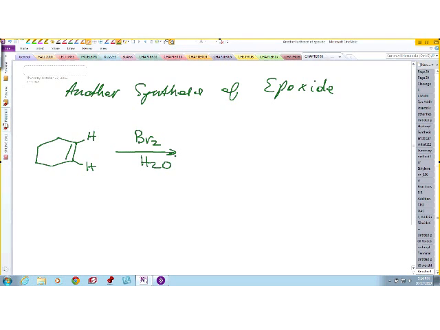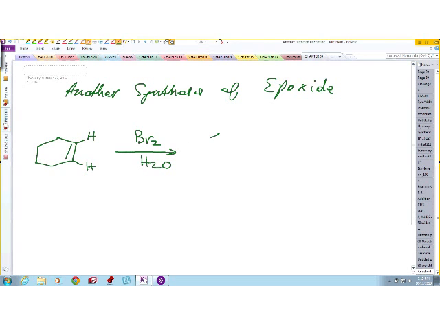What does the bromine water give us? We add bromine and hydroxyl across the carbon-carbon double bond. You guys need to know what those reagents do. That is key to actually knowing organic chemistry. You need to know what the reagents do.